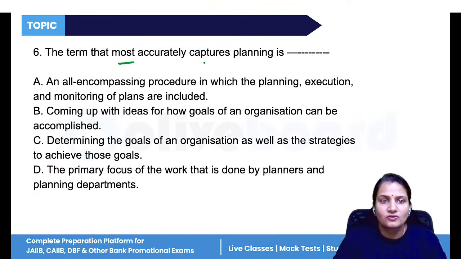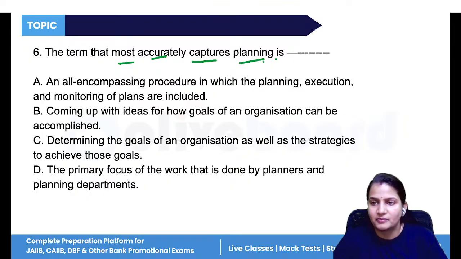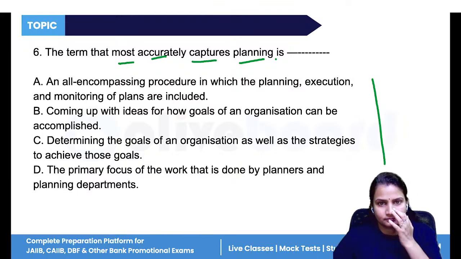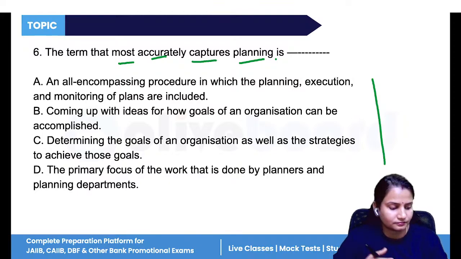Now, next, which of these statements most accurately captures planning? Tell me what should be the answer. The term that most accurately captures planning.